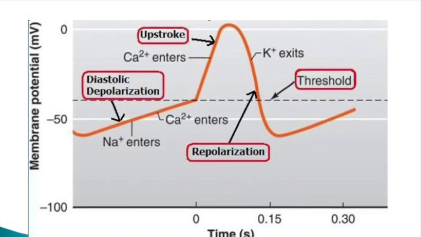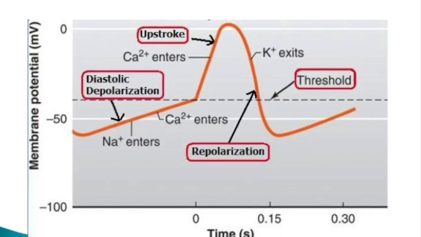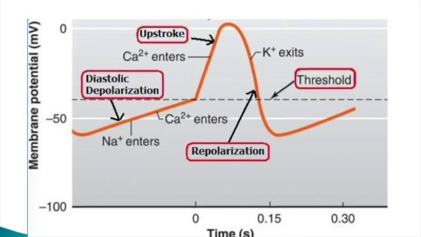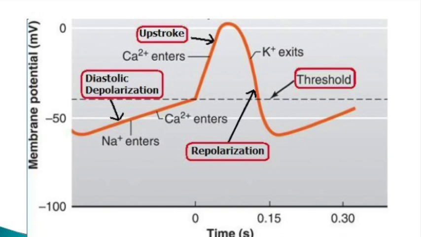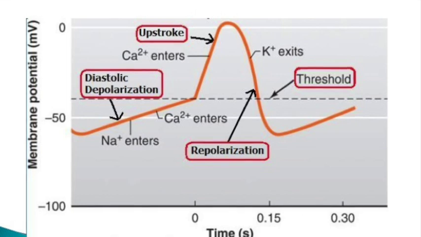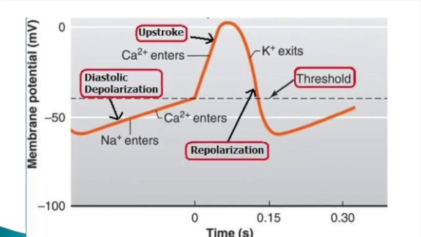In fact, this curve is very important, and I would like every student to know by heart how to draw it by himself. To start with, we must say that the SA node has an unstable resting membrane potential.